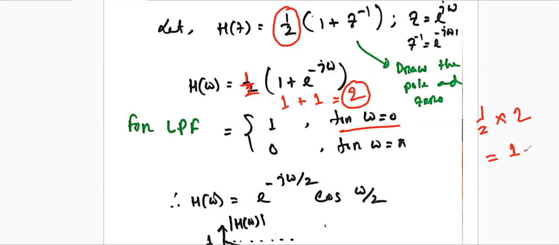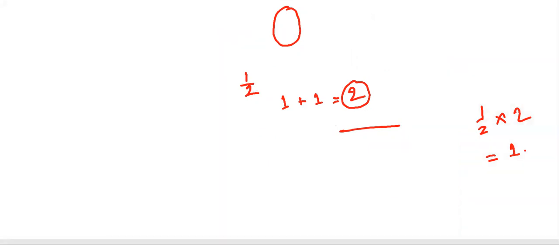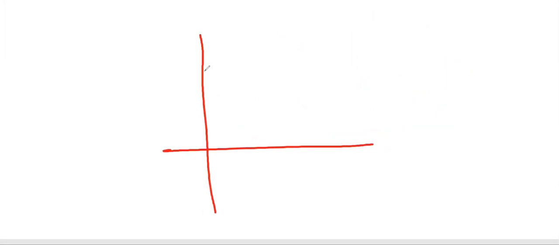Whenever we are talking about a filter, try to understand that a filter will not work as an amplifier. So in the frequency domain, whenever we are drawing the magnitude response of a filter, what could be the highest magnitude? The highest magnitude is always 1, not 2.